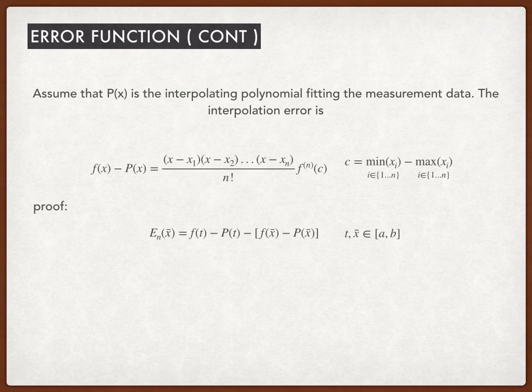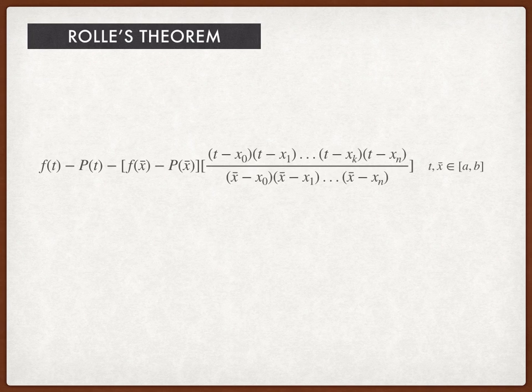Suppose the input, x bar, is not one of the interpolation data. Suppose t is another point in the closed interval a and b. The error function is the difference of the error at t and the error at x bar. By generalized Rolle's theorem, there exists a point, c, in closed interval a and b. This is the formula for Rolle's theorem.